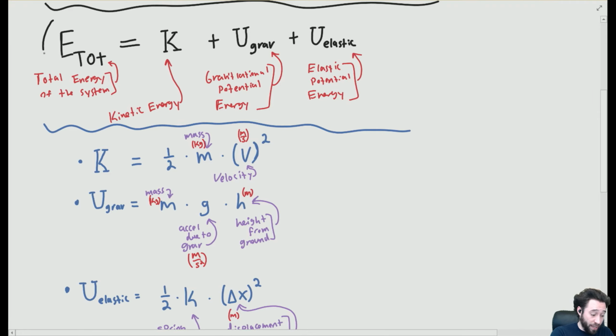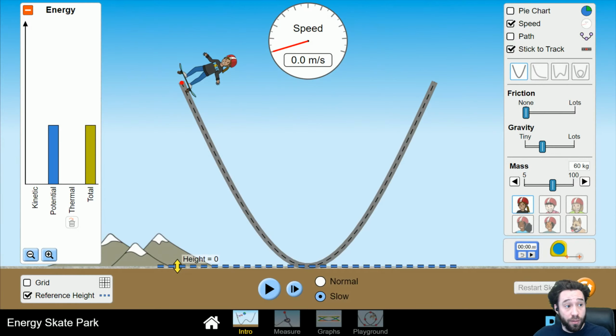If I do E total for the starting position, like in situation 1, so if I go back over here, so my initial position would be E total, so my total amount of energy, so this part right here is going to be equal to my kinetic energy plus my gravitational potential plus my elastic potential, right?